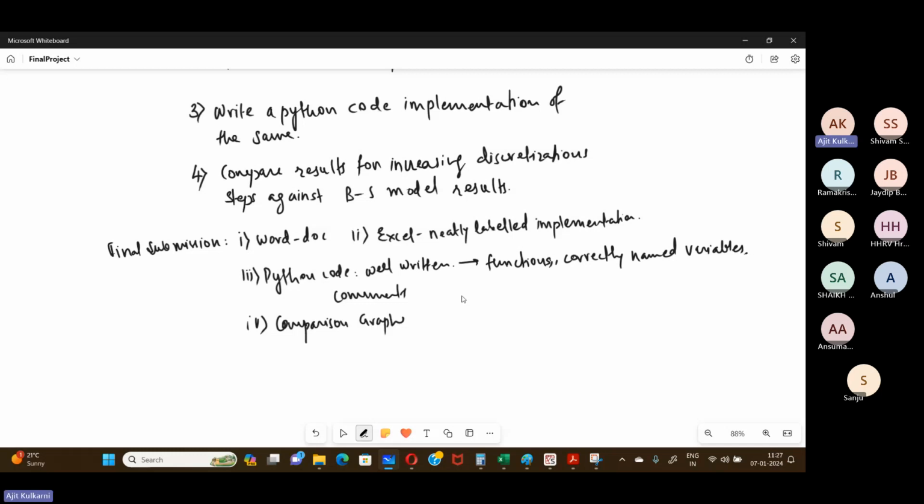So simulation, I mean, whatever answer you get as per discretization, for different spots, for different time to expiries, and compared with Black-Scholes model. Any questions so far?